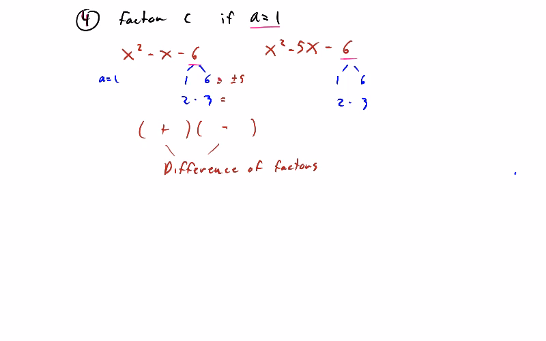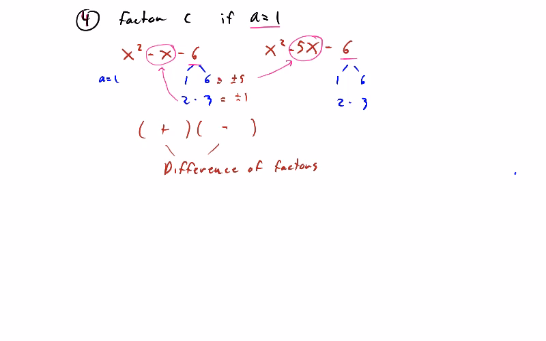And if we take the difference of 2 and 3, we can get a plus or minus 1, depending on the order. And we can see that the plus or minus 5 corresponds to the middle term in the second expression, and plus or minus 1 corresponds to the middle term in the first expression.